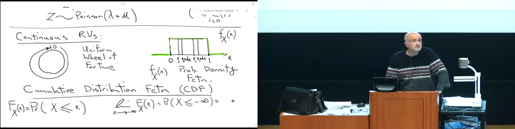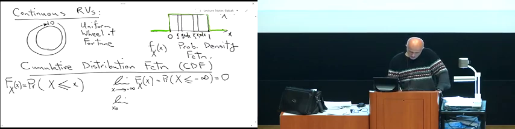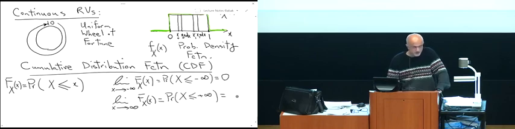What is that? Everybody? 0. Because minus infinity is as low as you can get. What's the limit as x goes to plus infinity? This is the probability that x is less than or equal to plus infinity. What should that be? 1.